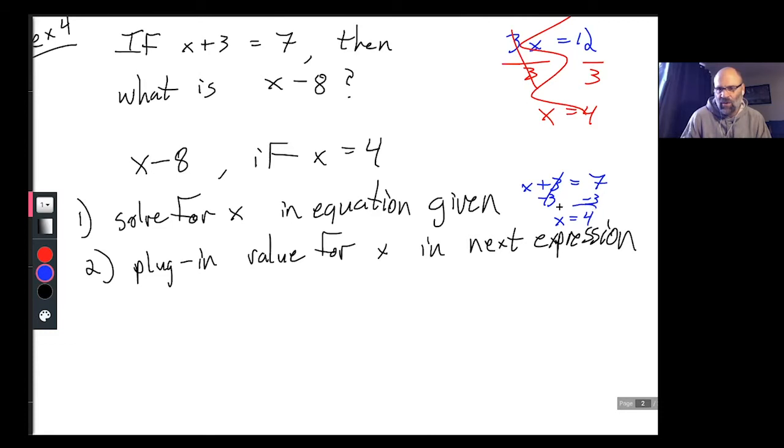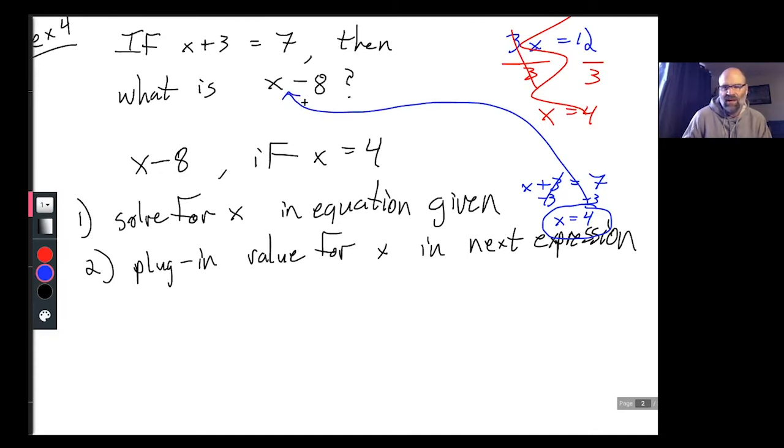Now, what some of you will do on the next test is solve for x, and then you think you're done. Well, you're half done, and if you did that, you would get half credit on that problem, which is better than nothing. But don't forget to answer the question. The question is not solve for x. The question is, what is x minus 8?